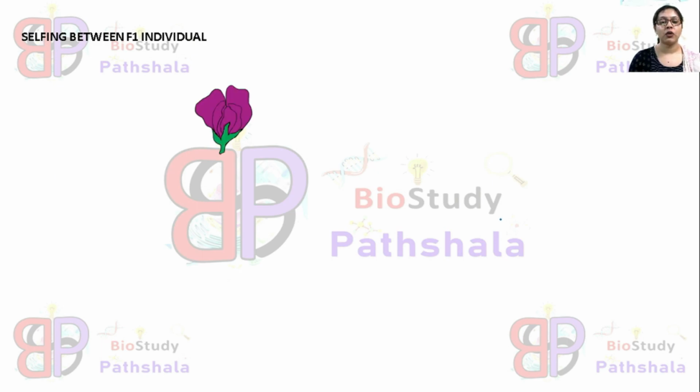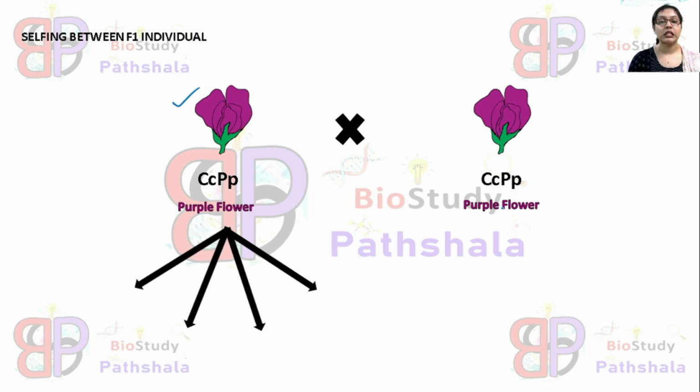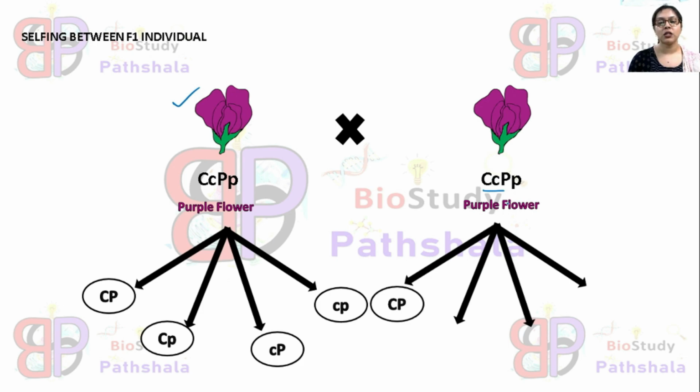So this purple flower with genotype capital C, capital P is crossed with a purple flower which has the genotype capital C, capital P. Now this individual will produce 4 types of gametes: capital C capital P, capital C small p, small c capital P, and small c small p. This individual will produce the same 4 types of gametes again.